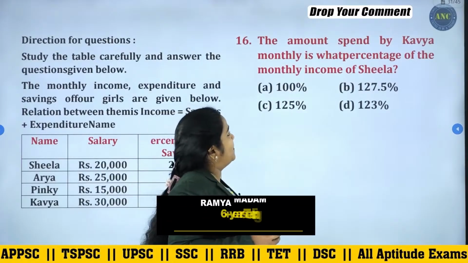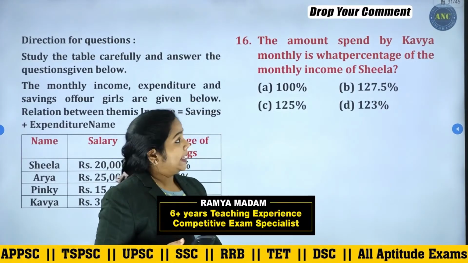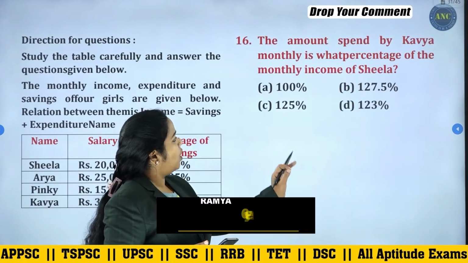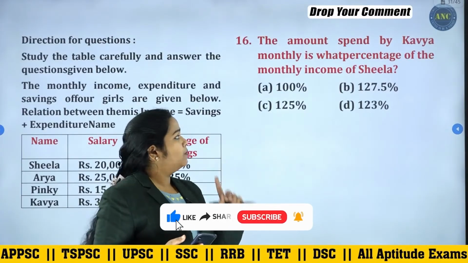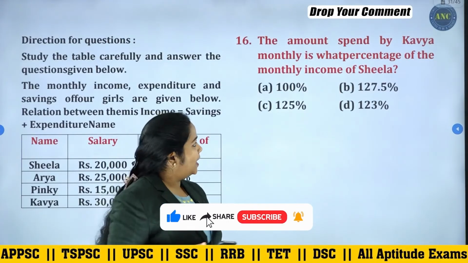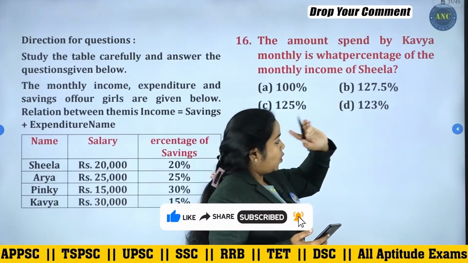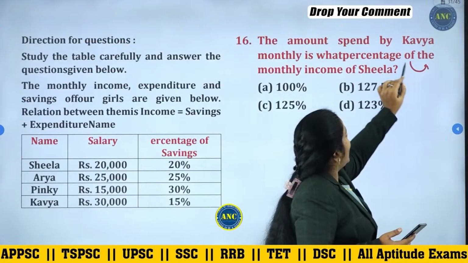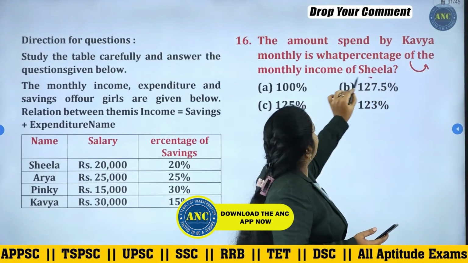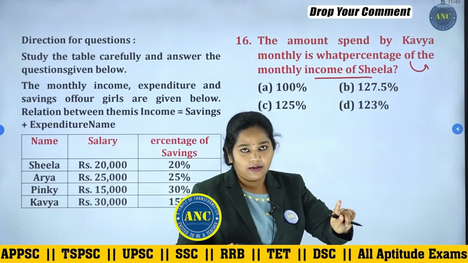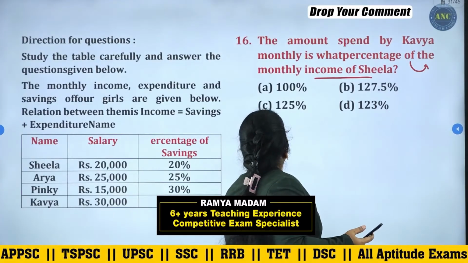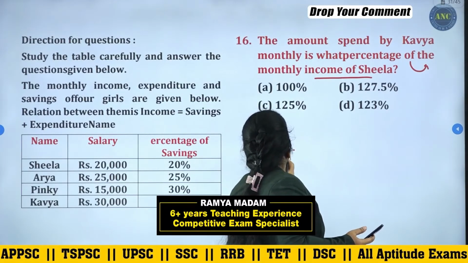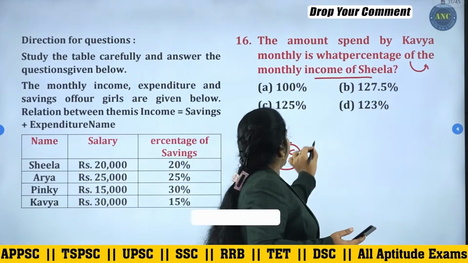The amount spent by Kavya monthly is what percentage of monthly income of Sheila? Always remember, as I already told you, what percentage of, after "of" whatever comes will come in the denominator. So here monthly income of Sheila comes in the denominator.